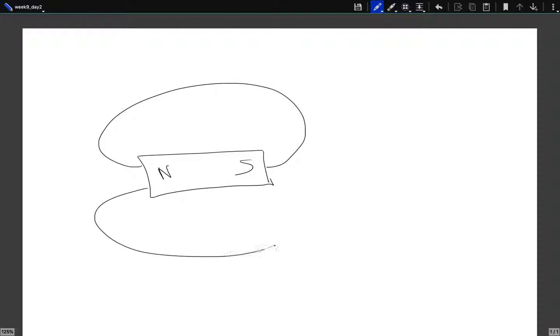We can use magnetic field lines. And these magnetic field lines start from the North Pole and go until the South Pole. And of course, these magnetic field lines in fact continue even in the magnet itself. So in a sense, these magnetic field lines don't really start anywhere and don't really end anywhere.